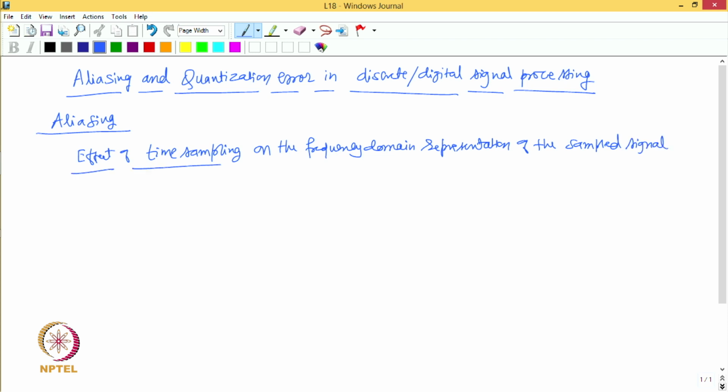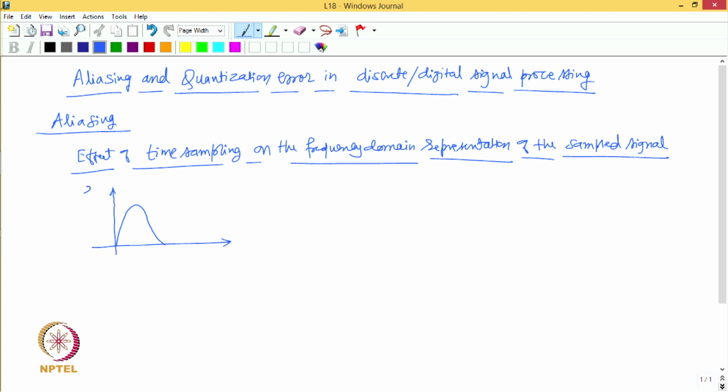Okay. So, let us consider an aperiodic signal. Let us say we have this aperiodic signal, the continuous aperiodic signal, which is to be measured and analyzed.